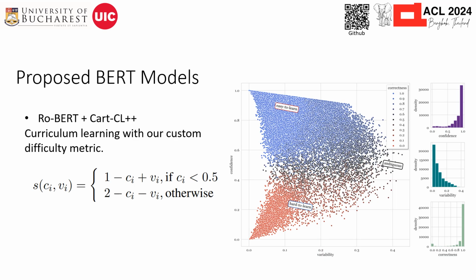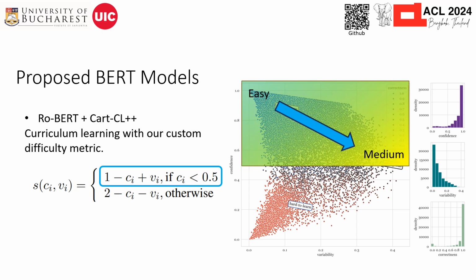To address one of the drawbacks that the data cartography splits introduced, we defined a custom difficulty metric as follows. Previously, the easy-to-learn and hard-to-learn categories focused only on confidence, while the ambiguous focused only on variability. In our difficulty metric, we take into account both the confidence and variability when giving a score to a certain data point.